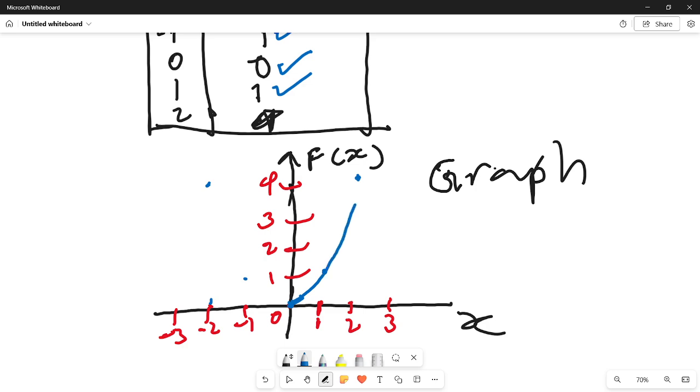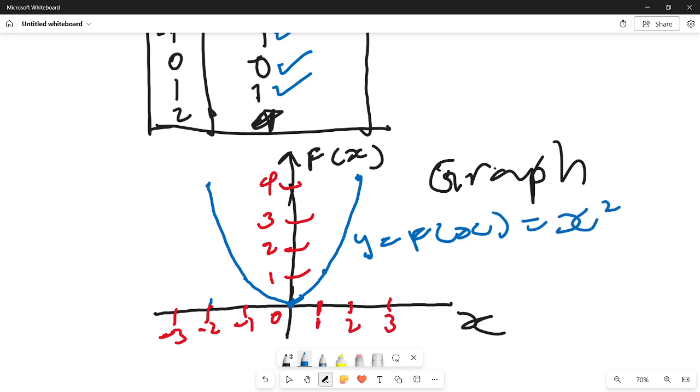So that's our smooth curve. This side, that's our curve. So this is a curve representing y, which is f of x equal to x squared. In this case, we have represented a function as a graph.